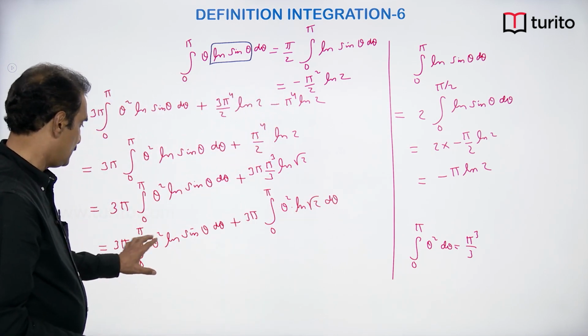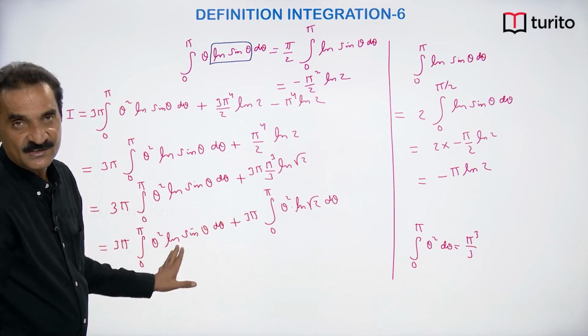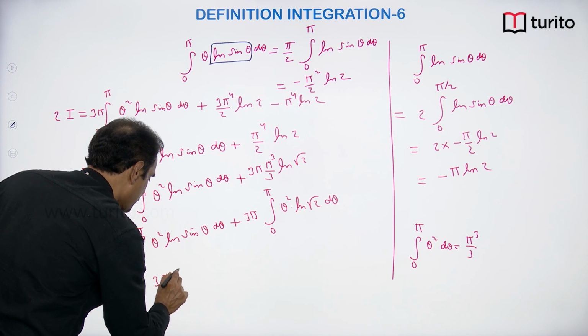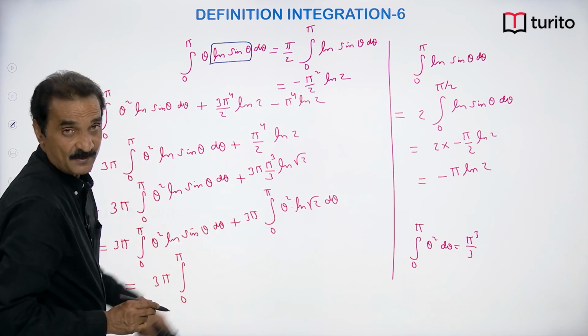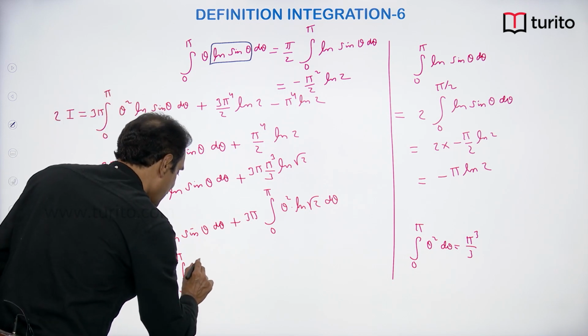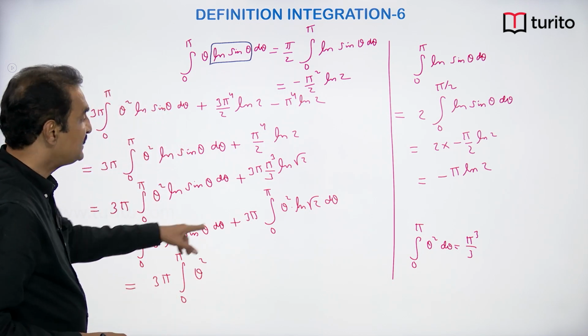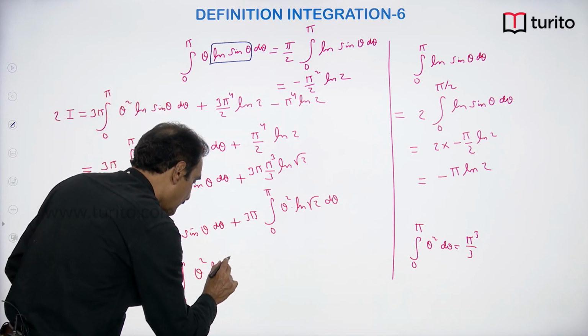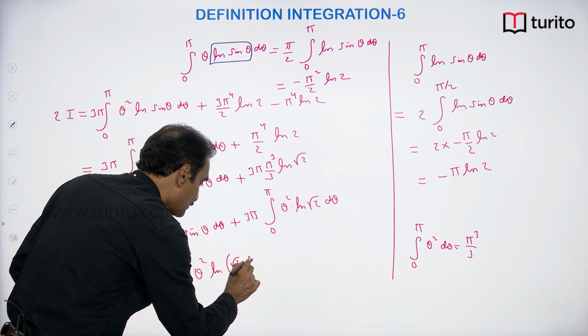Now, 3 pi is common, integral is common. Combining them, 3 pi integral 0 to pi theta square is common. Theta square into log sin theta plus log root 2 will be log of root 2 sin theta.